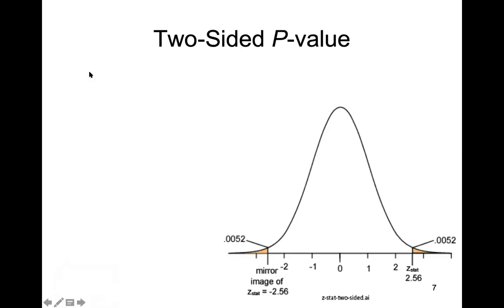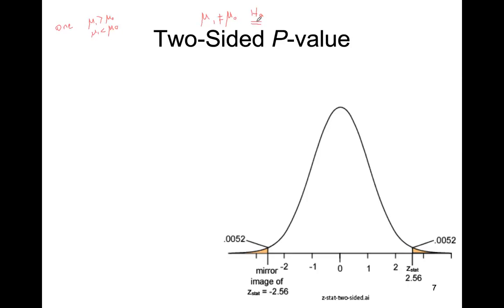For one-sided, mu1 is greater than mu0 or mu1 is less than mu0. For two-sided, we say mu1 is not equal to mu0. This is my alternative hypothesis.